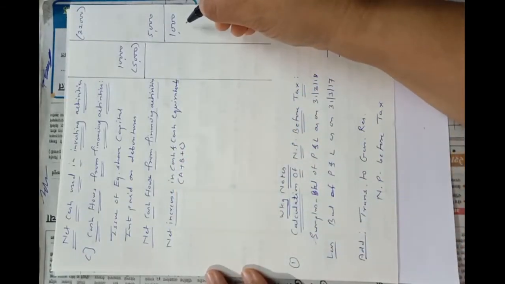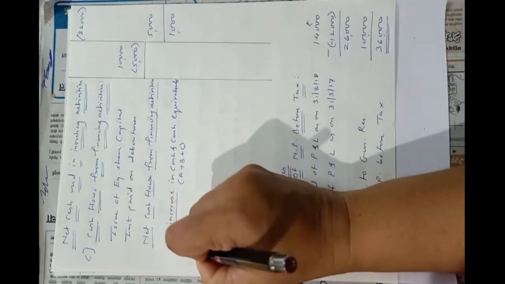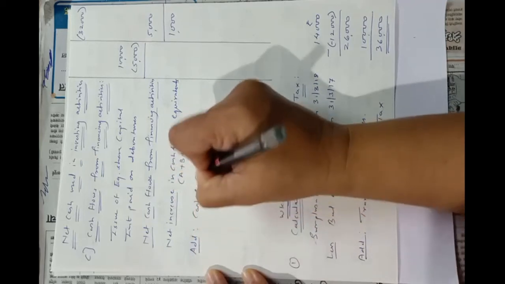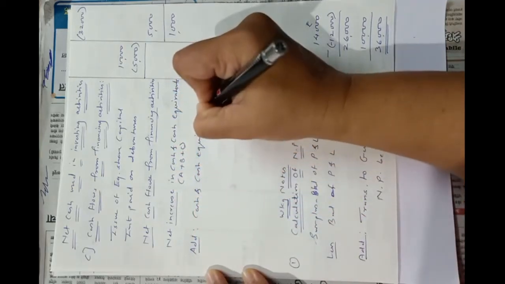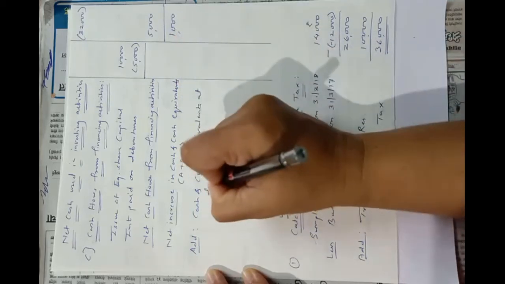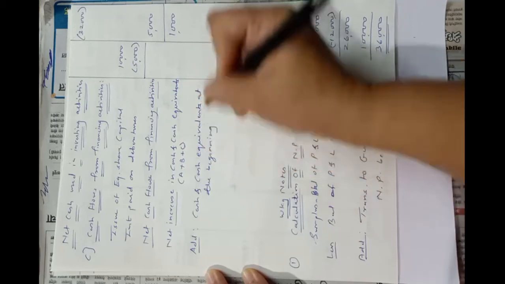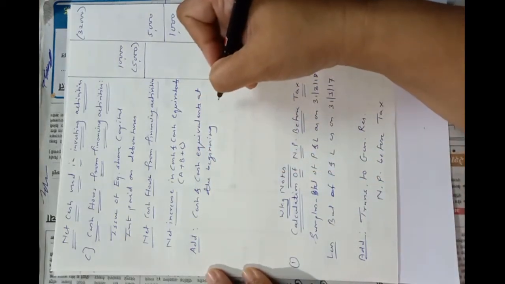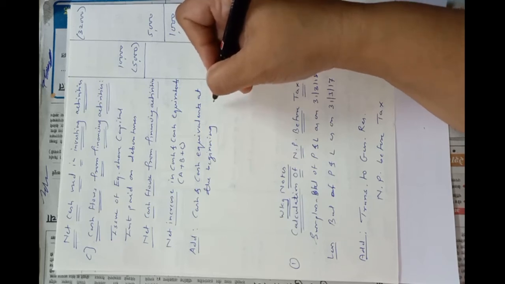Okay, now we have to add cash and cash equivalents at the beginning. See, the cash balance given in the problem at the beginning was rupees 5,000.